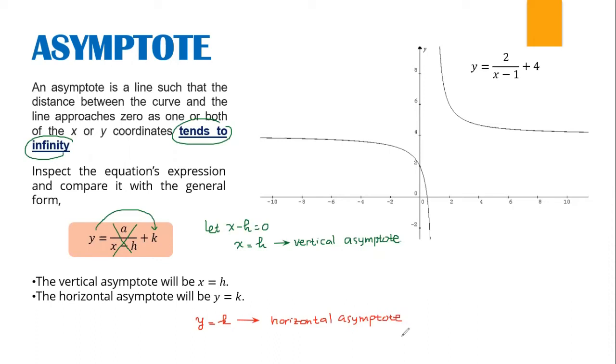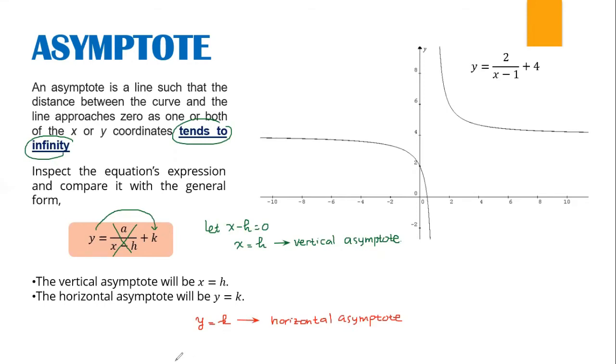That's very easy, right? Once again, the asymptote is the line that tends to infinity, which means there is no intersection. Is it clear to everyone?